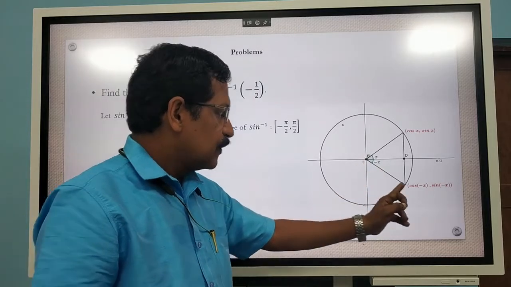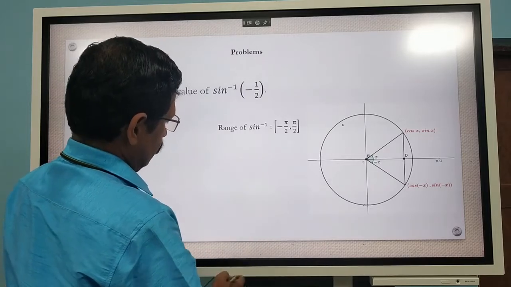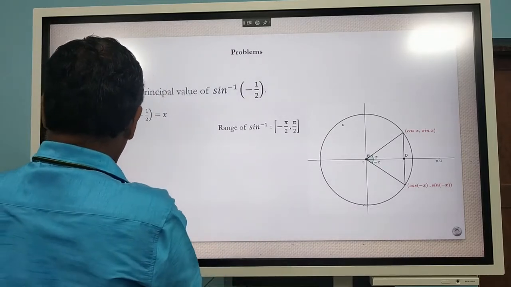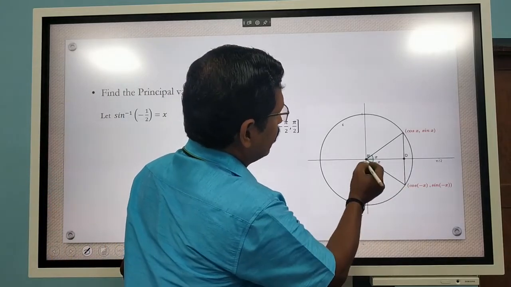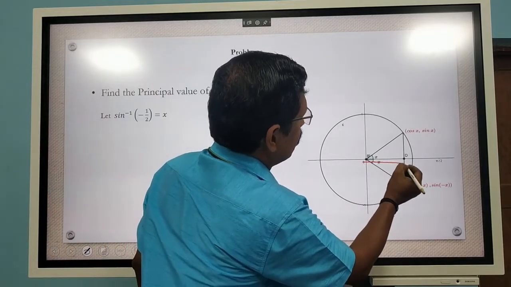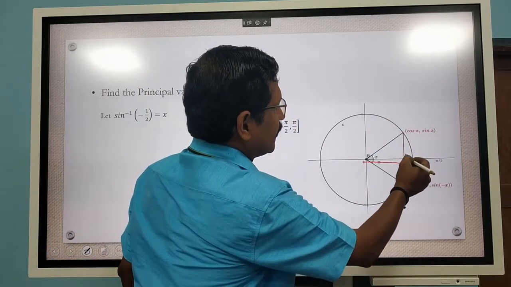Now this cos of minus x is again this OD, and sine of minus x is this line.